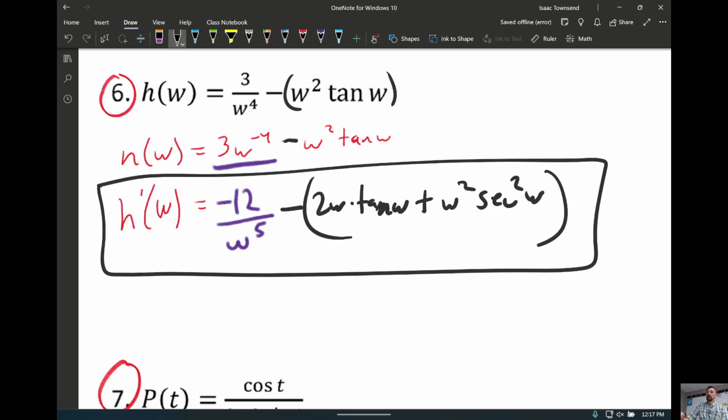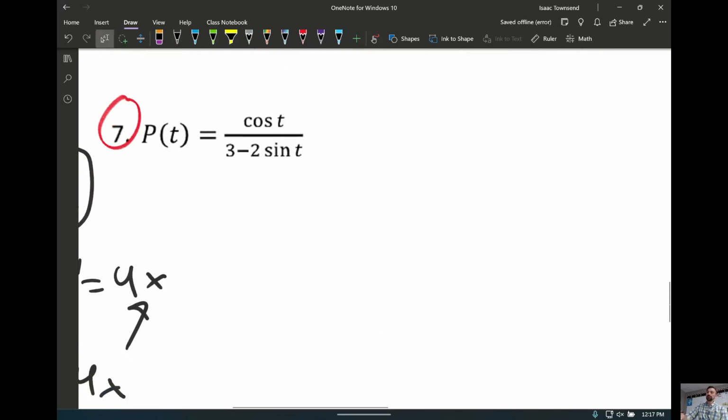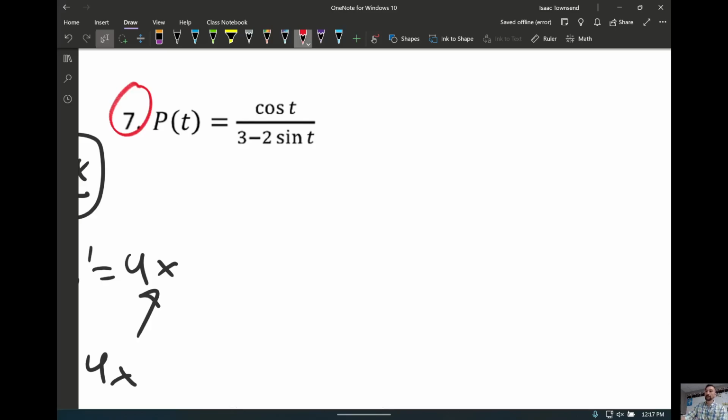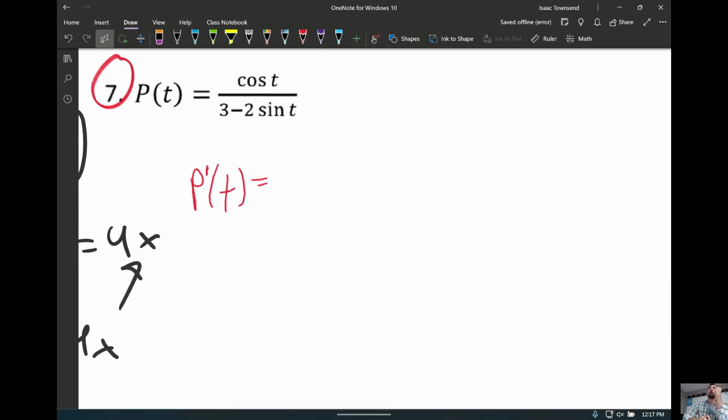Okay. And then on 7, what did you do? How did you try question 7? Okay, good. It's something divided by something, which is the quotient rule. So you had to look at the formula on the front page. You take the derivative of the numerator.